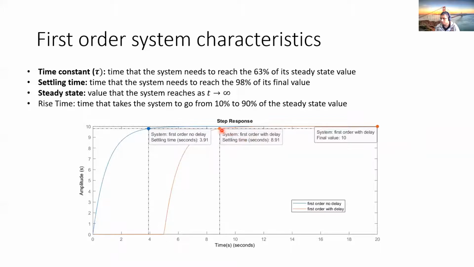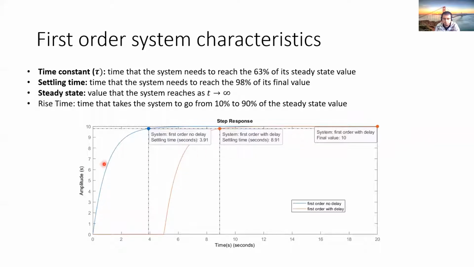And here the settling time is around 8.91. It's exactly this time here. The main difference is that we have that 5 seconds shifting. Our steady state value for both of them is 10, in this case given by the gain of the first order system.